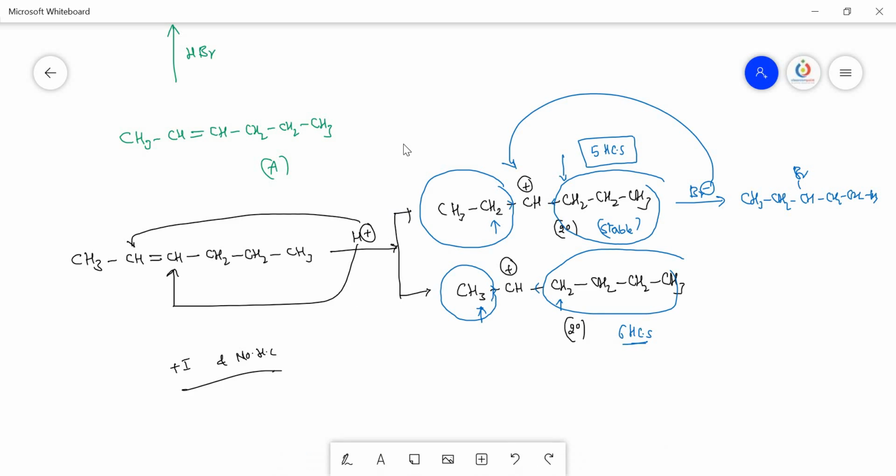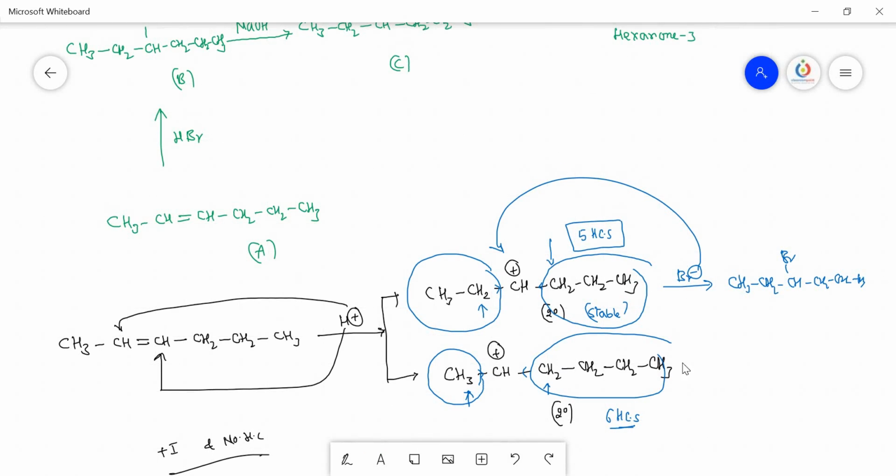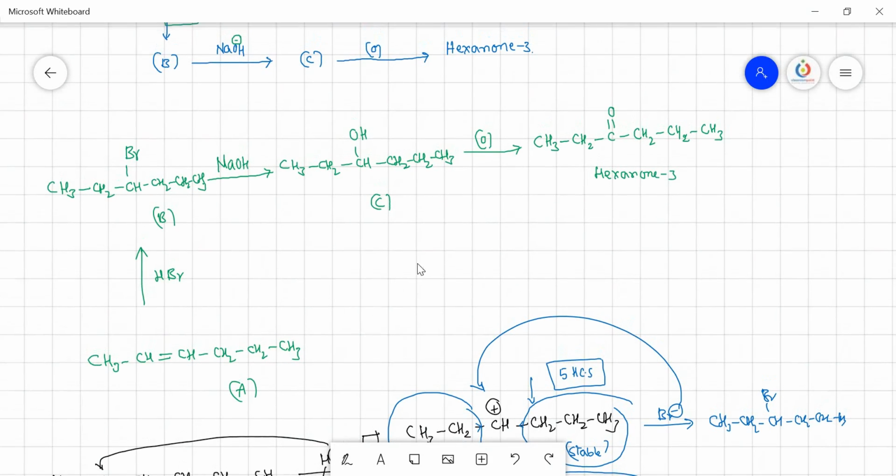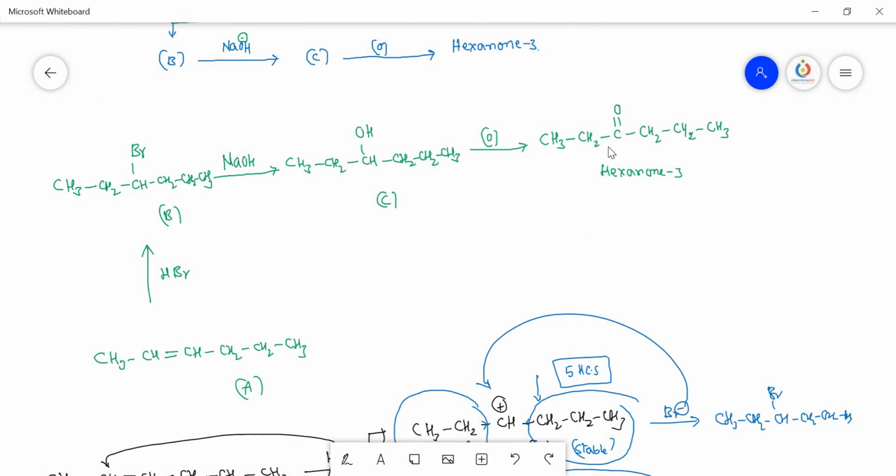And one more thing, here also you will get the 2-bromohexane. But in our question, one more important thing is that the keto group is at the 3rd position, so that OH must be at the 3rd position, so that bromine must be at the 3rd position, so that bromine we have to get. So this particular molecule I am writing.